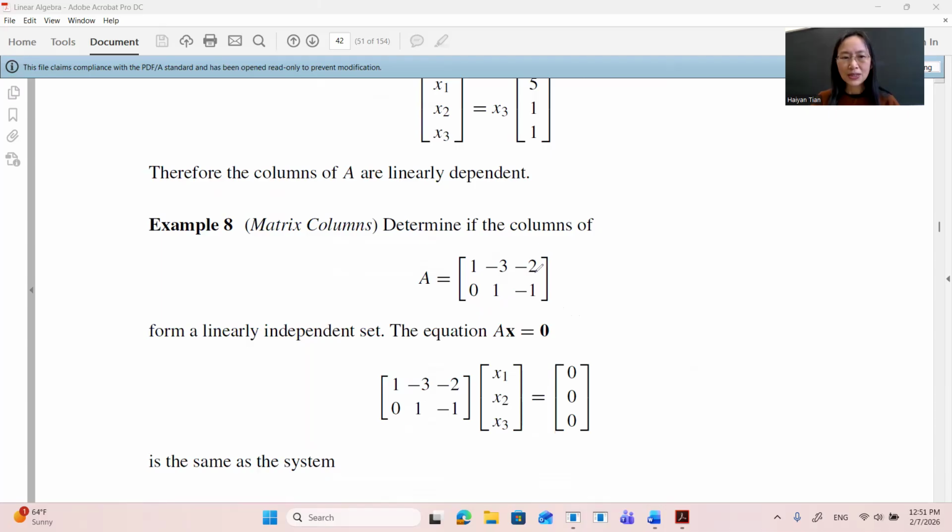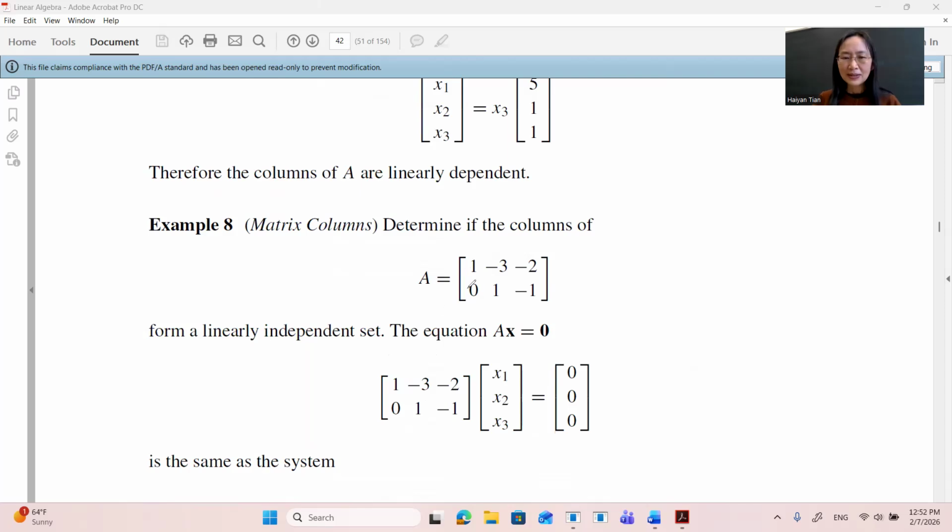Because you notice 2 equations, 3 variables. From these 2 equations, x1, x2 can be represented in terms of x3. So this homogeneous system, which is the same as this, has a free variable.